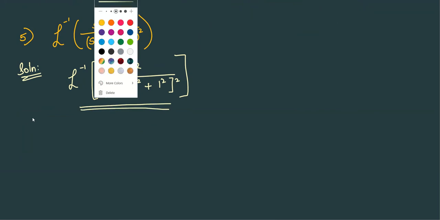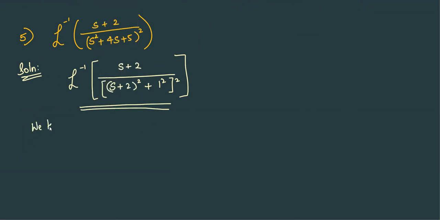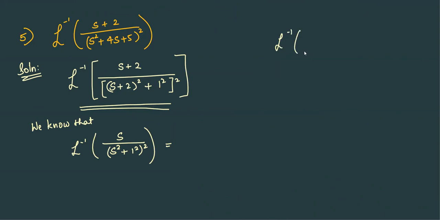So we can start with Laplace inverse of s by s square plus a square whole square. This is one of the 13, 15 formulae. Laplace inverse of s upon s square plus a square the whole square is 1 upon 2a t sine at.